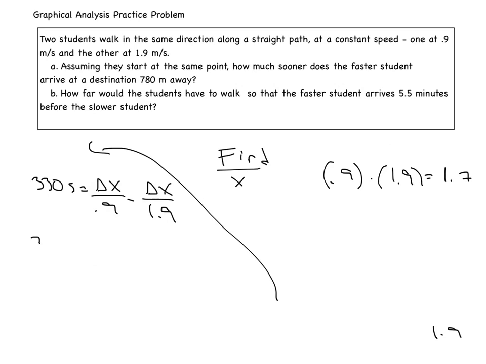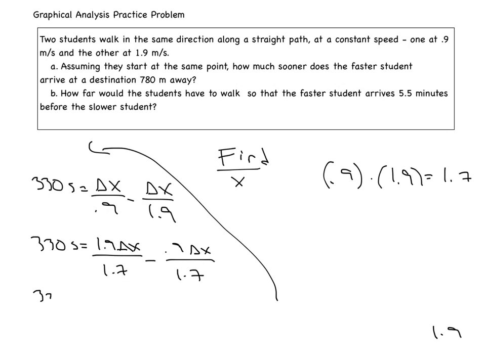So if we rearrange this, this is going to be 1.9 delta x over 1.7 minus 0.9 delta x over 1.7. So now we can subtract here, and we get 1.9 minus 0.9, so that's 1 delta x.